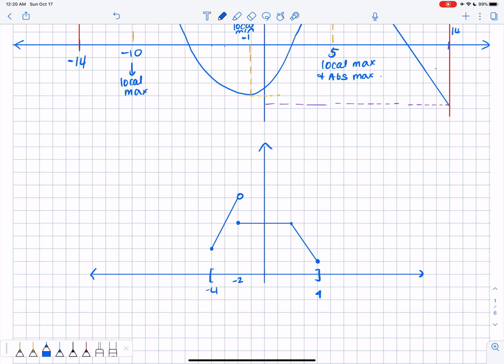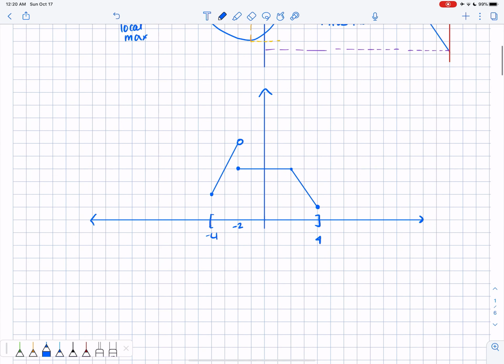Okay, so for this function, what do you notice? What is the absolute min? This will be the absolute minimum. Okay, and what about an absolute max? There is no absolute max, because you can't say the absolute max is 6, because for no x value in the interval -4 to 4 is f of x equal to 6. You can take 5.999.